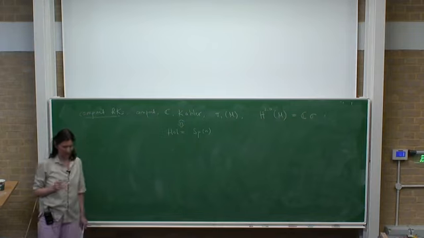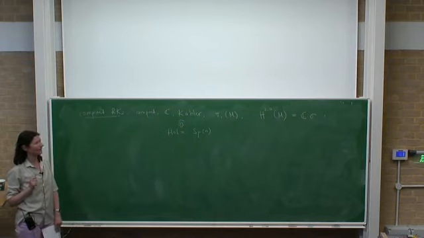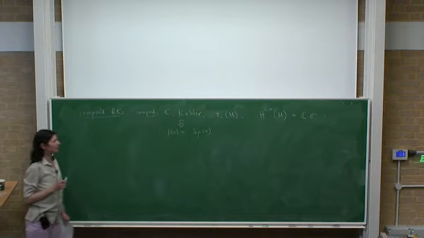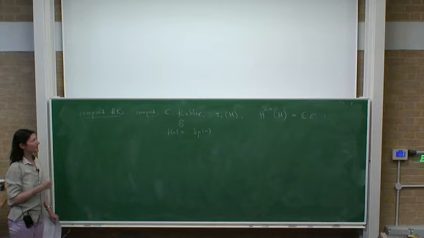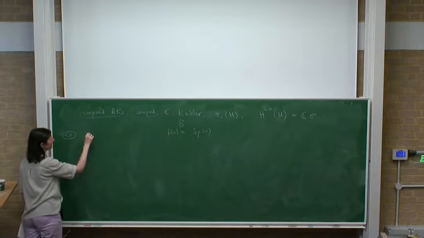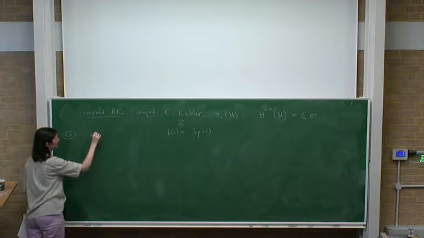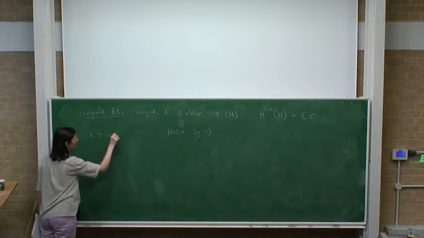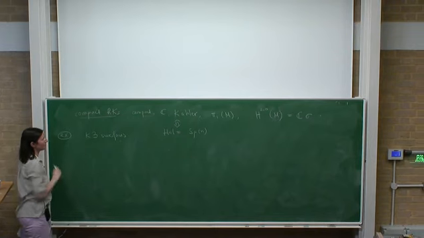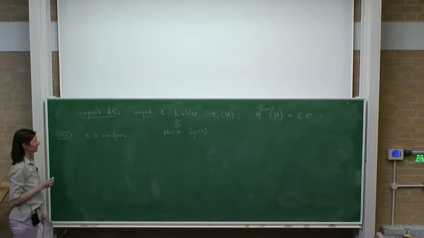Unlike in the non-compact case, where there are so many examples, when you consider compact hyperkählers, for example, the standard examples are K3 surfaces. These are all the examples in complex dimension 2.